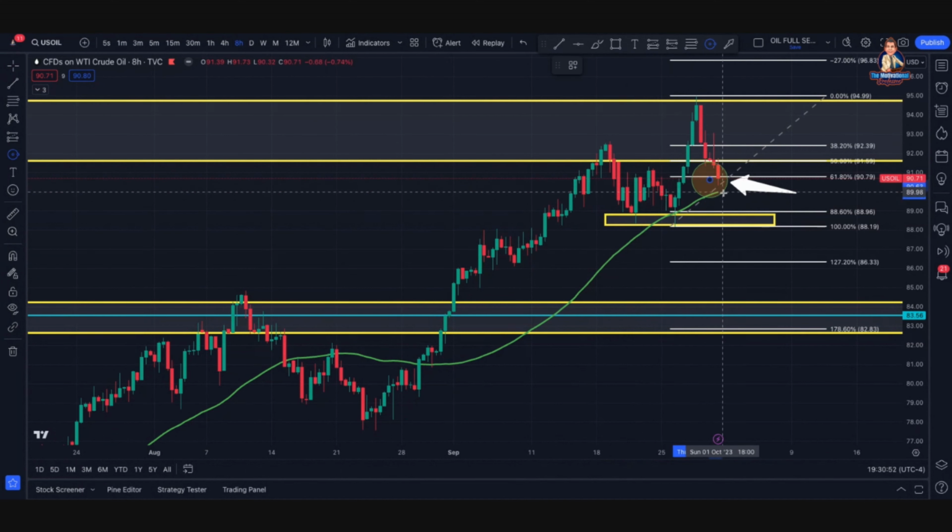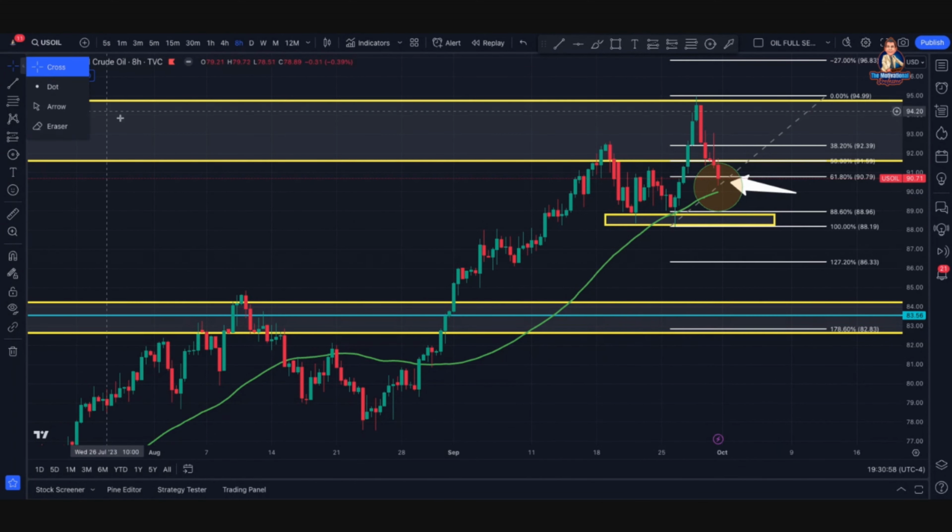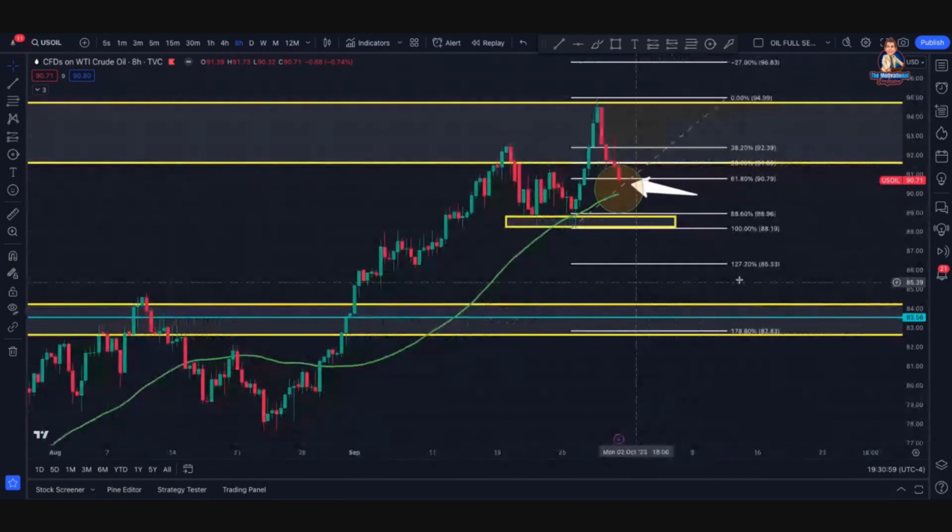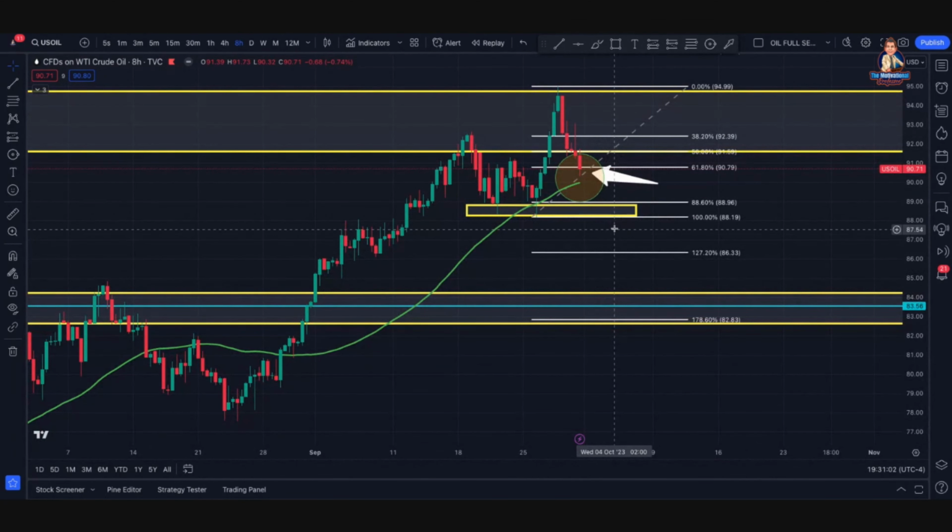This area is going to be critical on whether we see some type of movement back down, if we get price to close down here, or whether price rejects somewhere here and creates a new high above $95 a barrel.